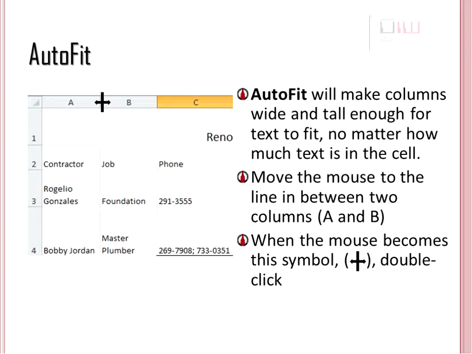Under my number tab, I'm going to click special. I can set this so that every time I put in a number, I just type in the 10 numbers, and Excel will automatically format this and put in my parentheses and my dashes.